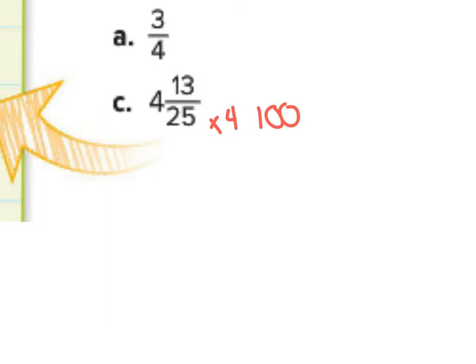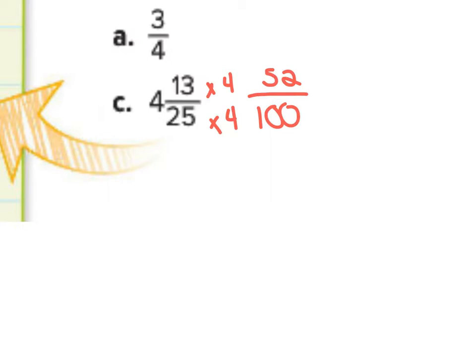And we'd like to get 100 because we want to work with base 10, 100, or percent or decimal. It's best to work out of 100. And then the same thing would go here. Whatever you do to the bottom, you must do to the top. And then we have, okay, 13 times 4 is 52.